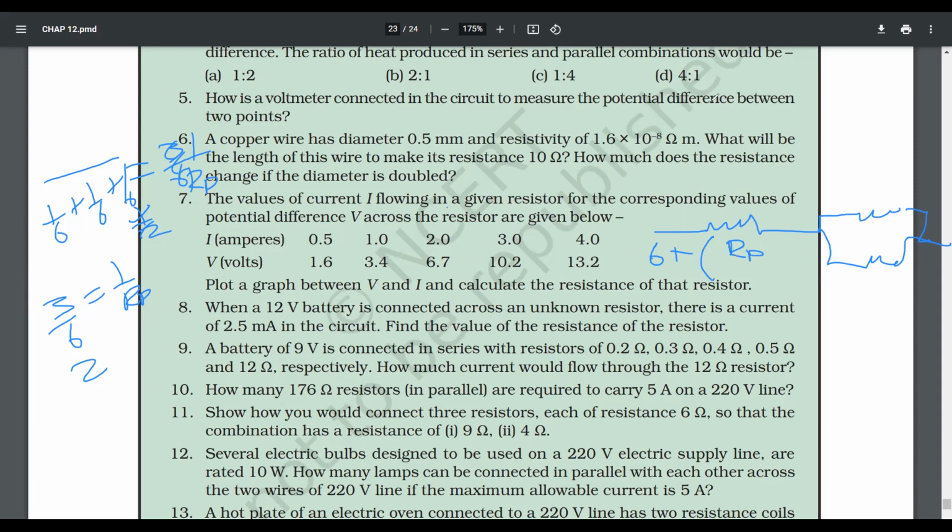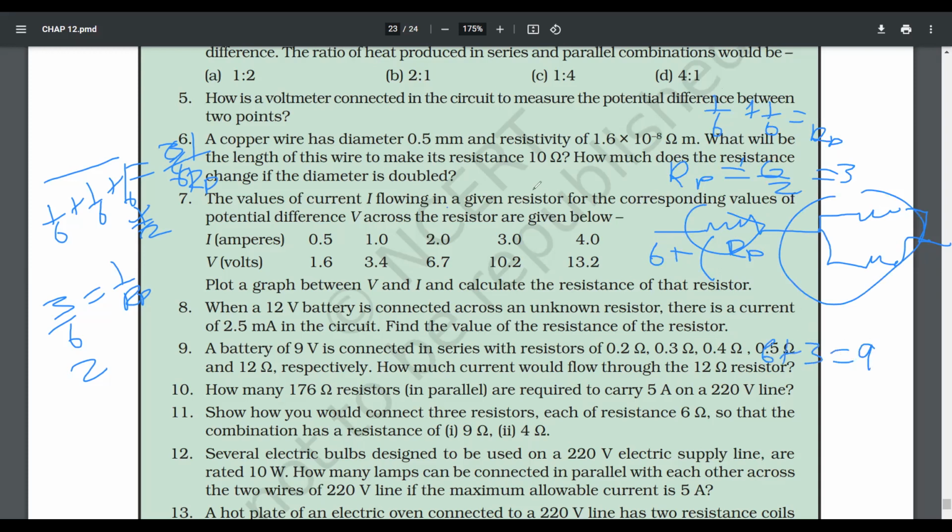So 1 upon RP is equal to 1 upon 6 plus 1 upon 6, so RP will be equal to 6 by 2, which is equal to 3. So to get 9 ohms, we keep 1 in series and 2 in parallel. We get 6 plus 3, which is equal to 9.